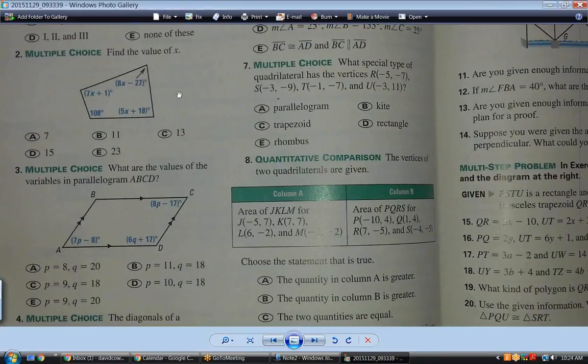Cool. Now let's talk about the picture in number 2. What kind of shape is that? Find the value of x. It's a quadrilateral, but is it a special quadrilateral?